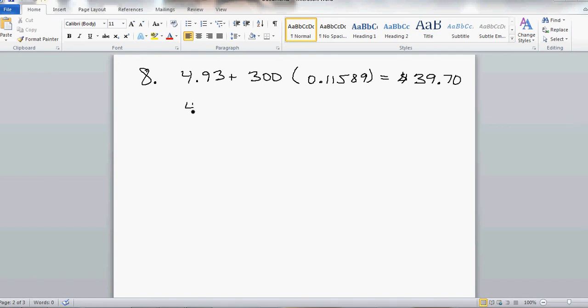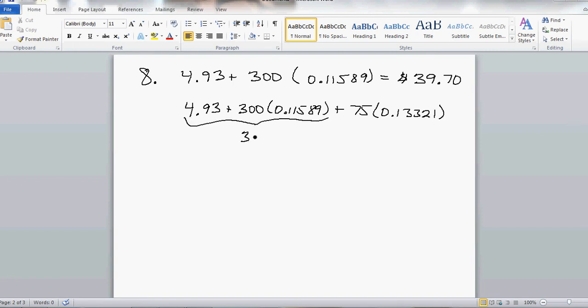Well, that would be the 4.93. That would be the 300 at 0.11589. But that would be an additional 75 kilowatt hours at 0.13321. Now we already know this amount of it is equal to $39.70.